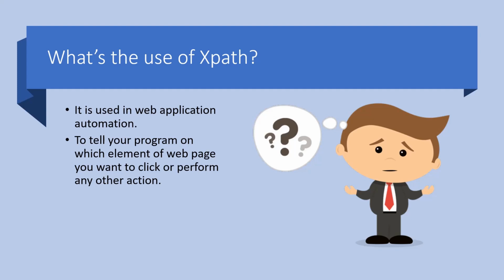As a human we can do this with our eyes, but a computer program needs to understand where to type and where to click. That's where XPath is used. XPath tells the computer program the exact location of that web element, and what actions to perform we are deciding in our program.